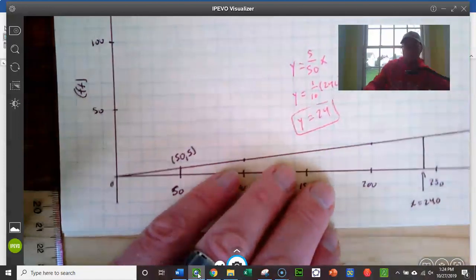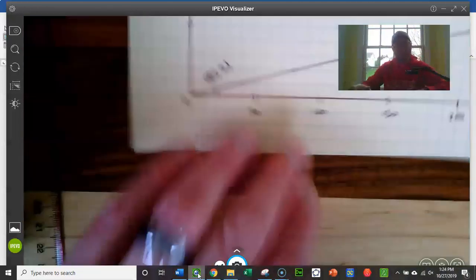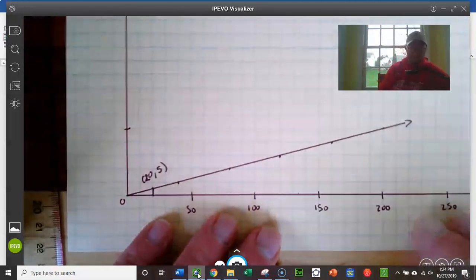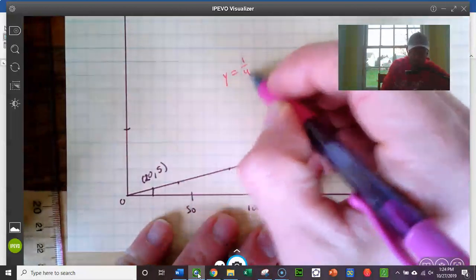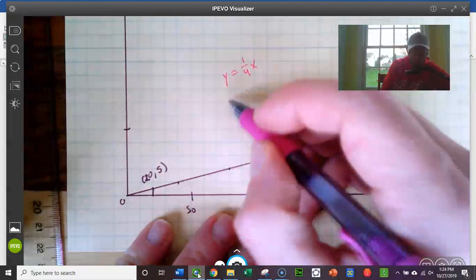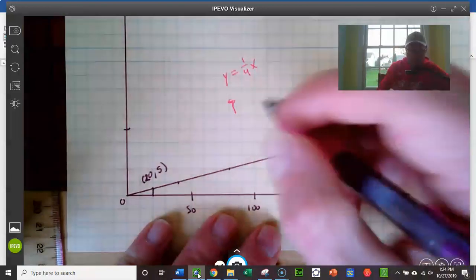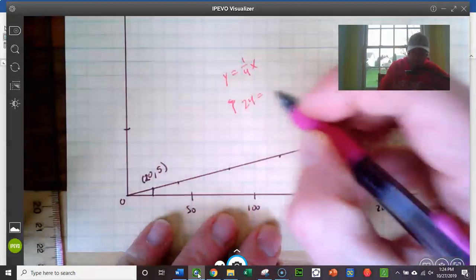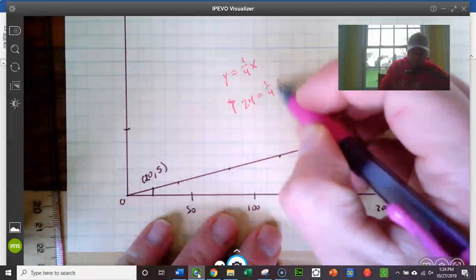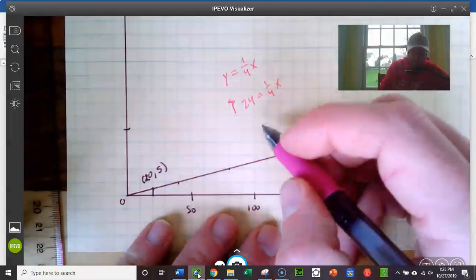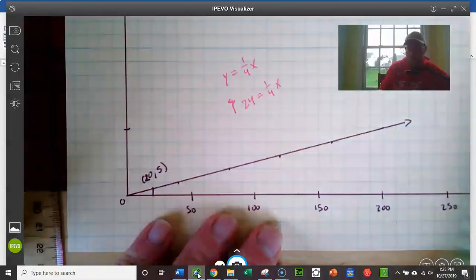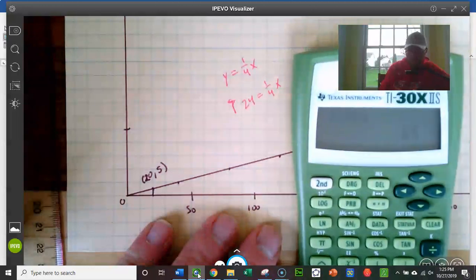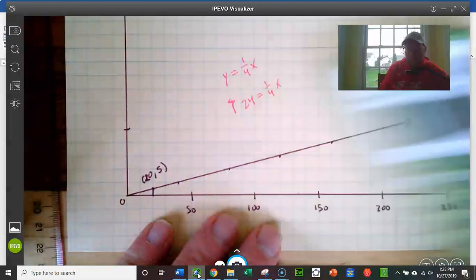And then for the other part here, we have y equals 1/4 x. And we're going to plug in our number, 24 equals 1/4 x. And 24 times 4 is 96. Just make sure I got that right. 24 times 4, yeah, 96.